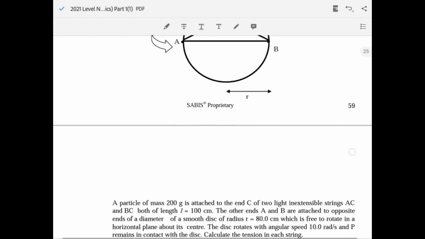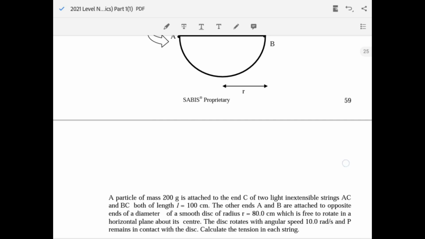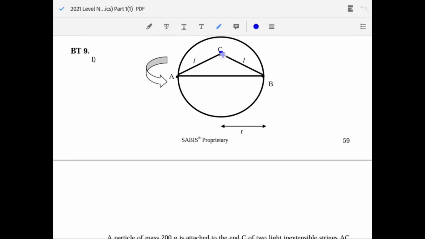So number 9. First you need to understand what's going on here. You have a point C and you have two strings pulling it, and as it's spinning it's exerting a tension force whose resultant will be towards the center, such that it gives it a centripetal acceleration.